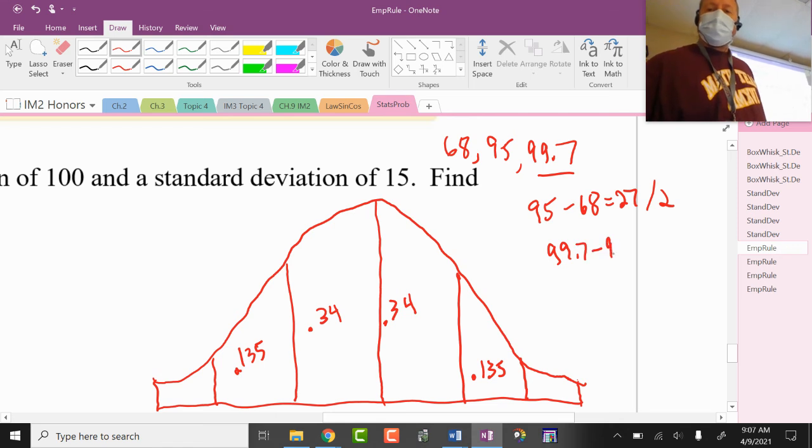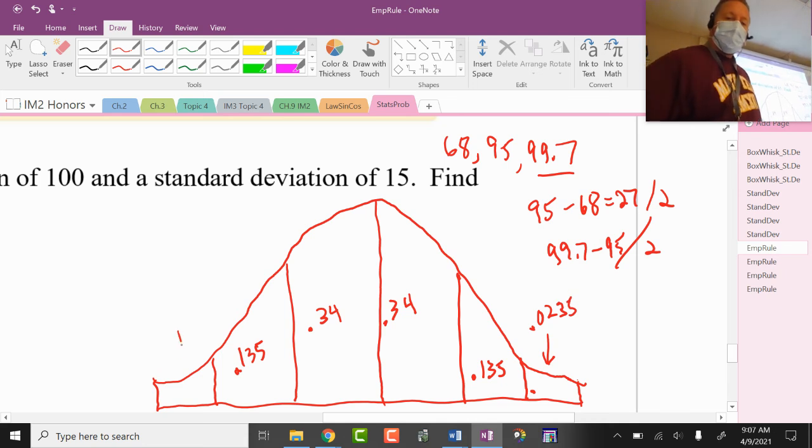And then the last one is 99.7 minus 95 divided by 2, all right? So you get 4.7 divided by 2, which is 2.35, but that's point. You know what? I'm going to do this like this. 0.0235, 0.0235 to hammer down the point of how to deal with percentages.